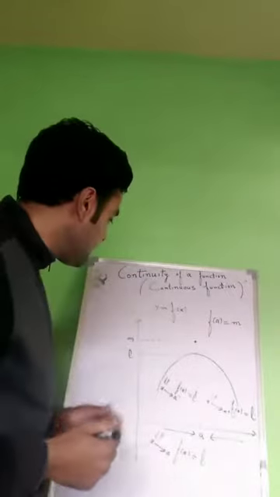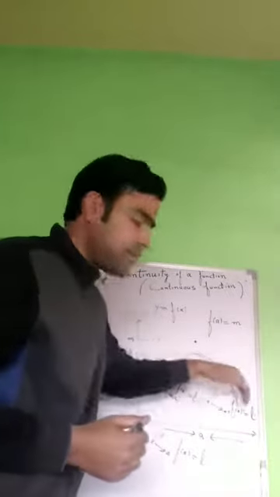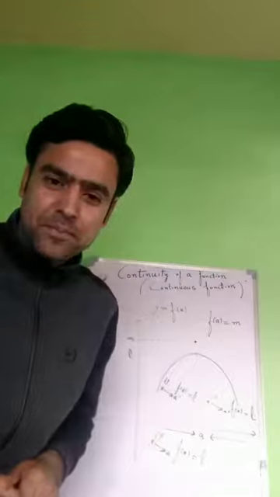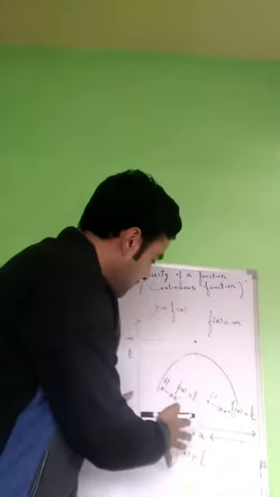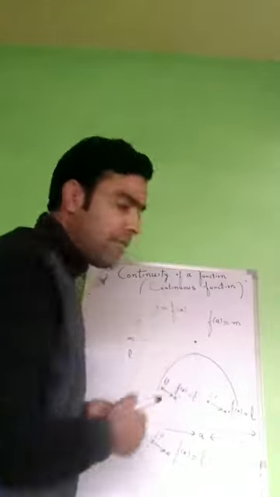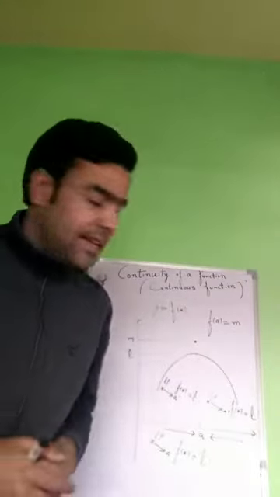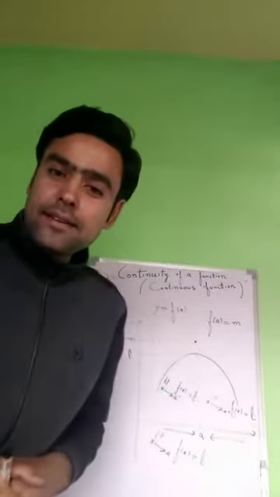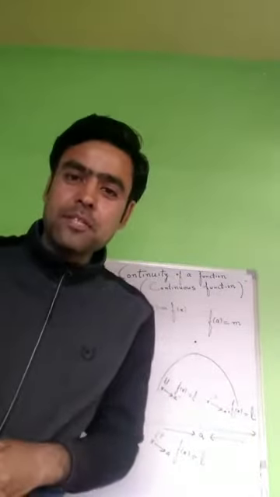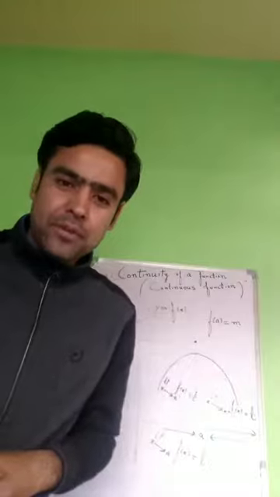In that case, the function would have been continuous. This shows that if limiting value is equal to value of function at some point, then the function becomes continuous at that point.